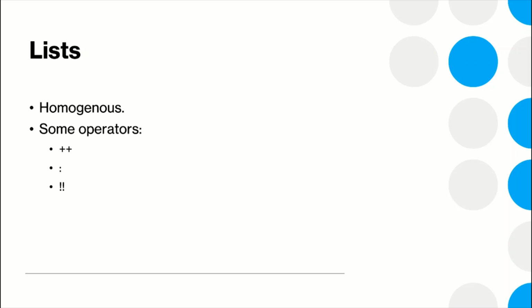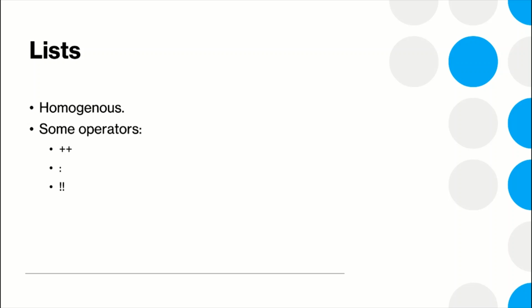And some operators of the list are the plus plus that appends a list to another list. The second one appends an element to the beginning of the list.